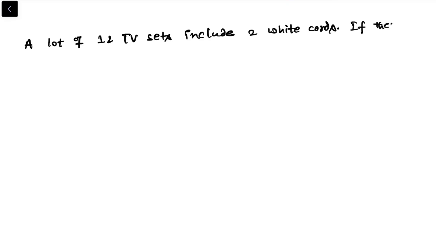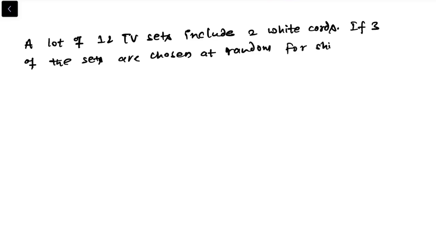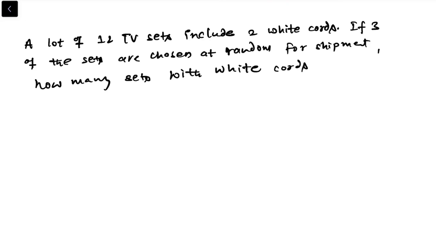If 3 of the sets are chosen at random for shipment, how many sets with white cards can the shipper expect to send to the hotel? So please focus on this word, expect.